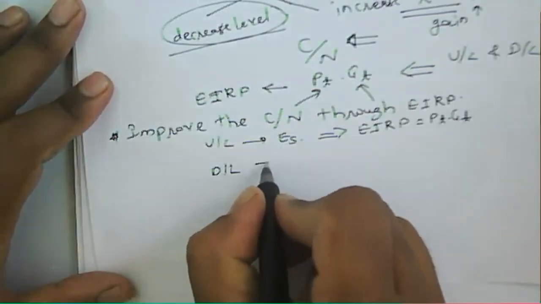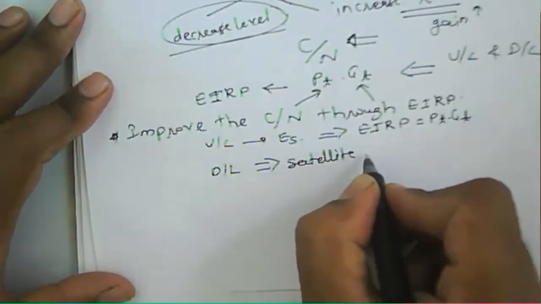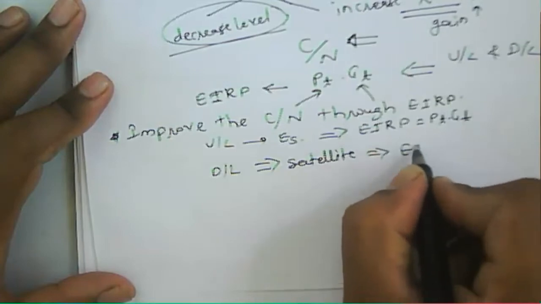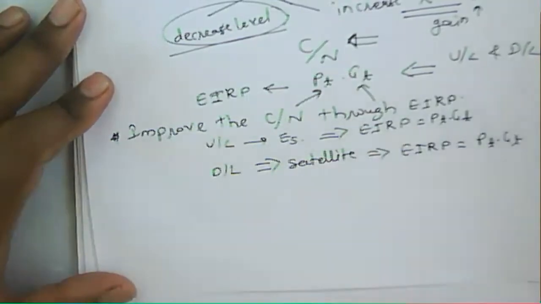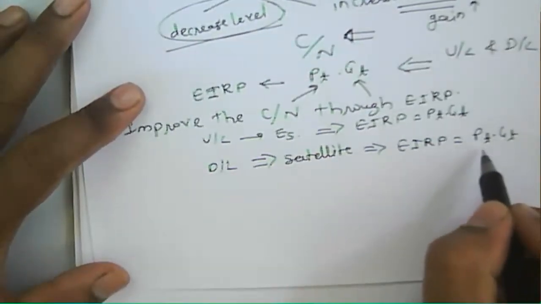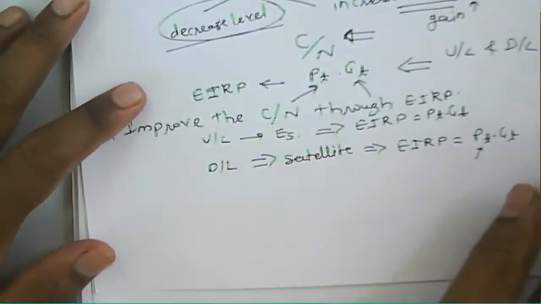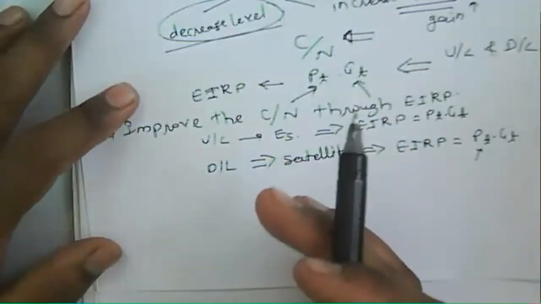Similarly for the downlink at the satellite, we can increase the EIRP, the transmitting power and the gain of the satellite. But at the downlink, the satellite is about a fixed value.